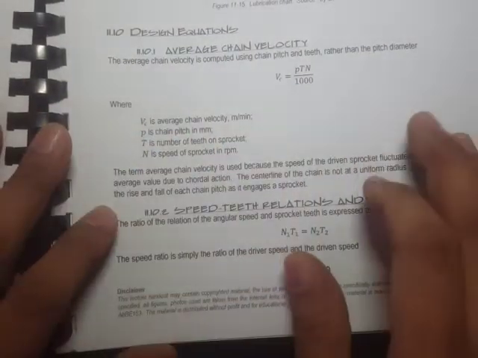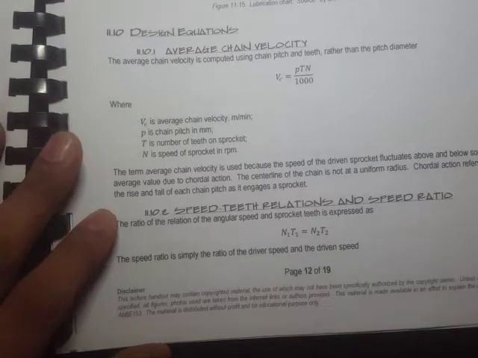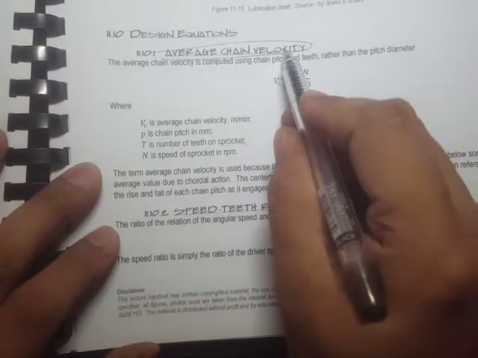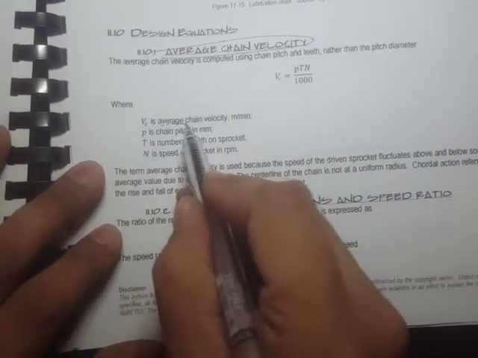Okay, now let's move on to the design equations. When we compute for the average chain velocity, this is just something like the linear belt speed. Take note of the word average.